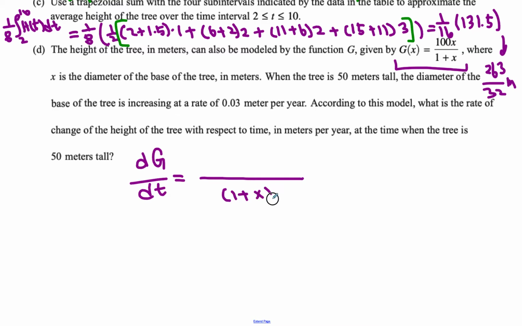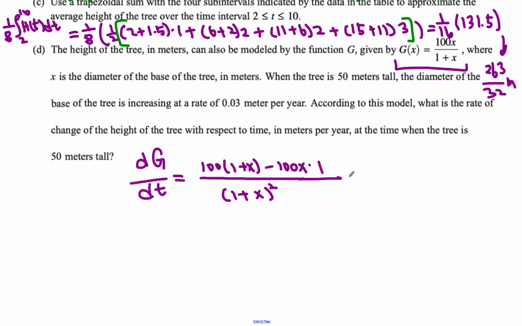The denominator squared, derivative of the top, which is 100, times the denominator, minus the top times the derivative of the bottom, which is equal to 1.